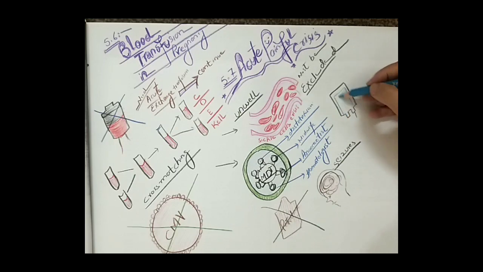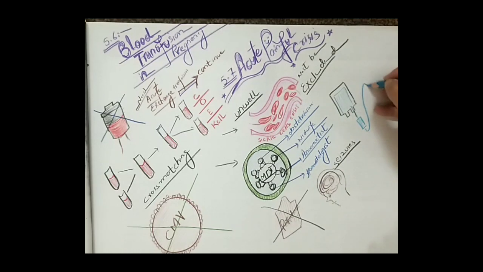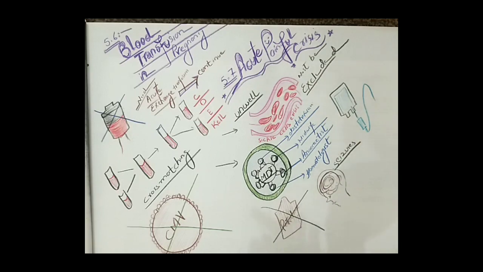IV fluid should be given and oxygen should be given to these patients, to give her relief from the acute painful crisis. We have to maintain the oxygen saturation at a proper target level.